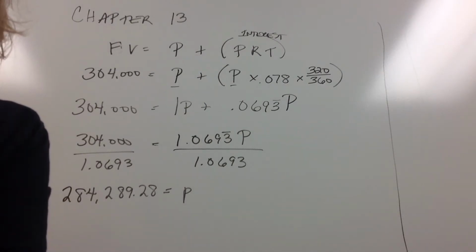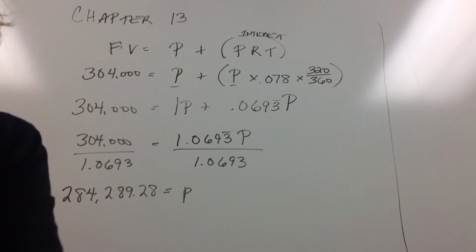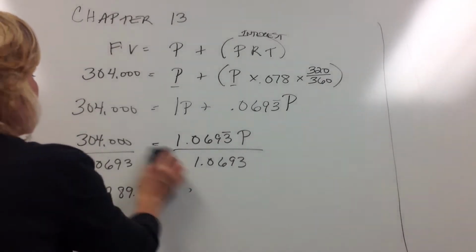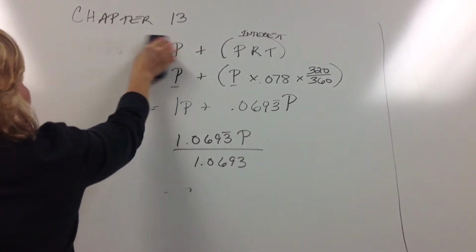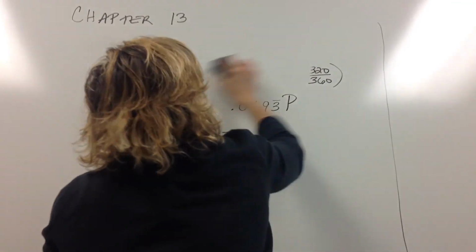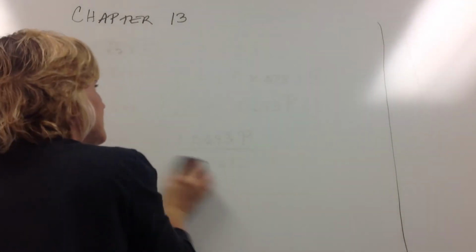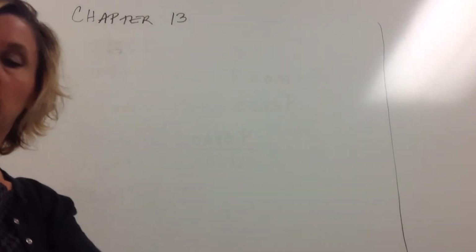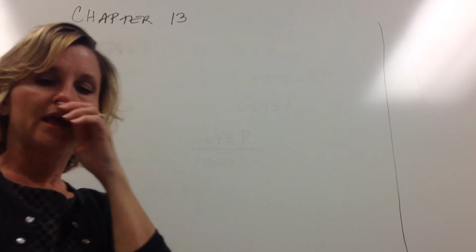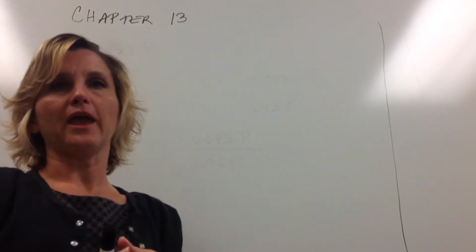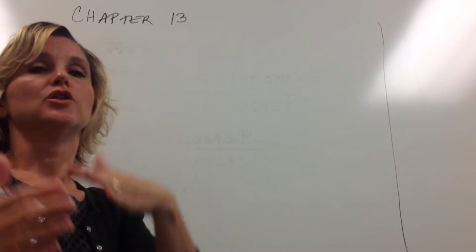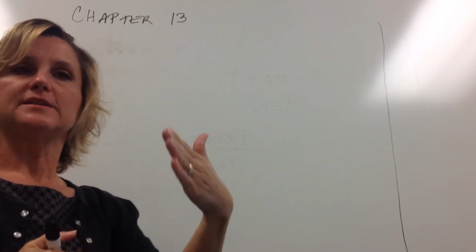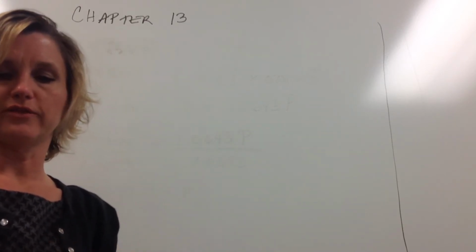Okay, then we move on to our next section. Section 2 deals with discounts. A discount is not like a savings, like when we think, hey, I'm going to go to the store and get a discount. This is a way that the bank, or even companies, loan money, and they basically take the interest off the top.